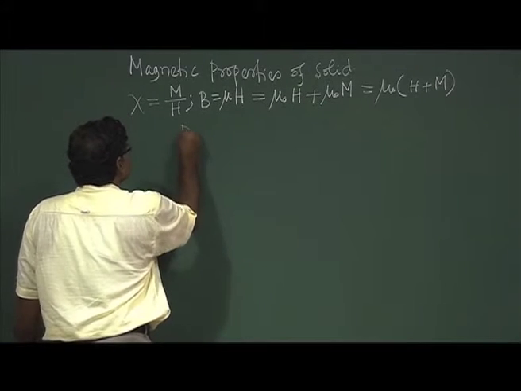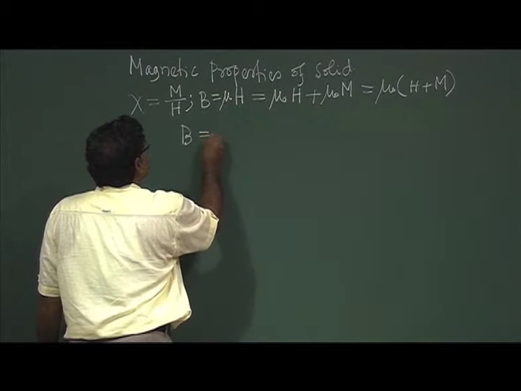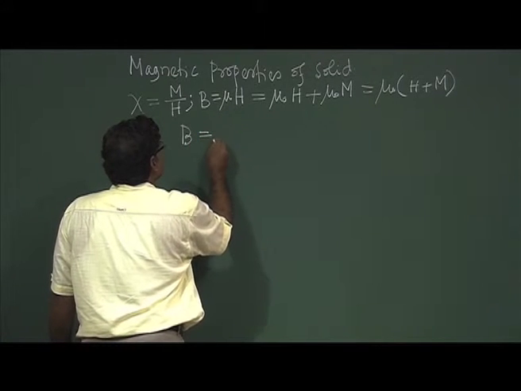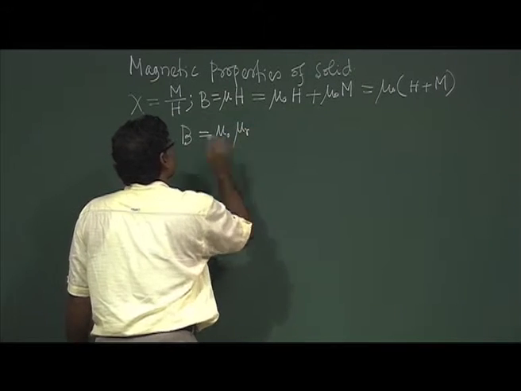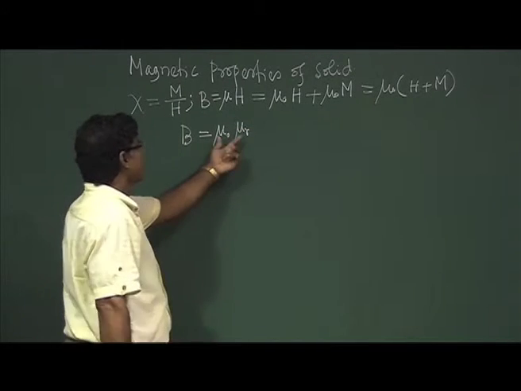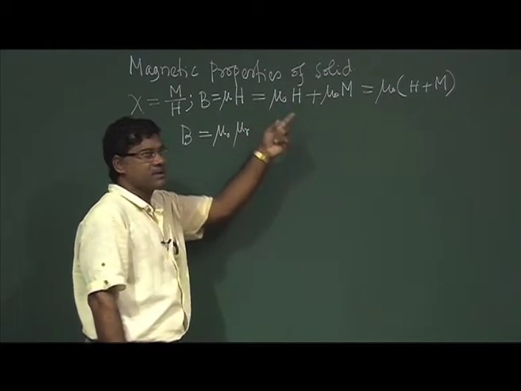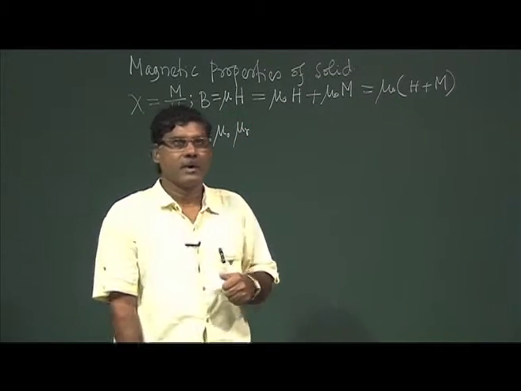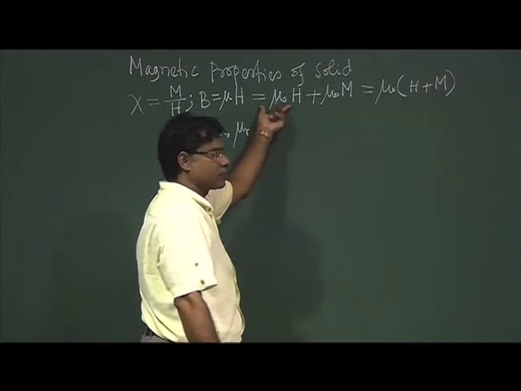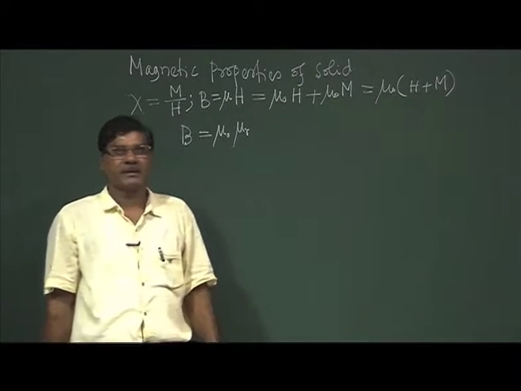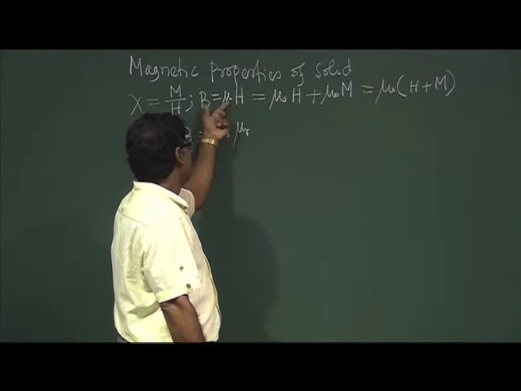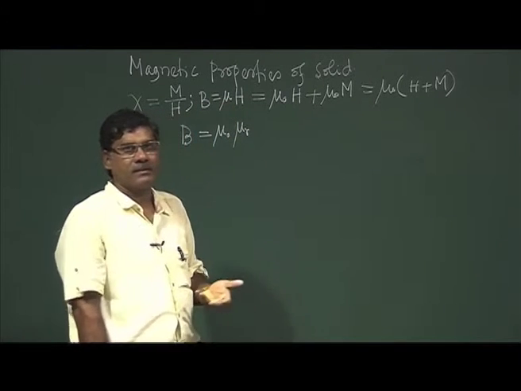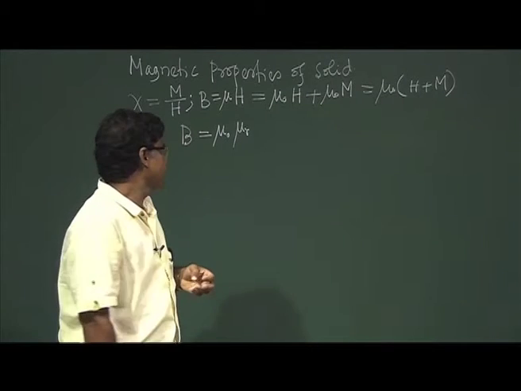So, B we basically write as mu 0 mu r H. Here mu 0 is the absolute permeability for air, vacuum or non-magnetic material, and mu is the absolute value for a magnetic material.